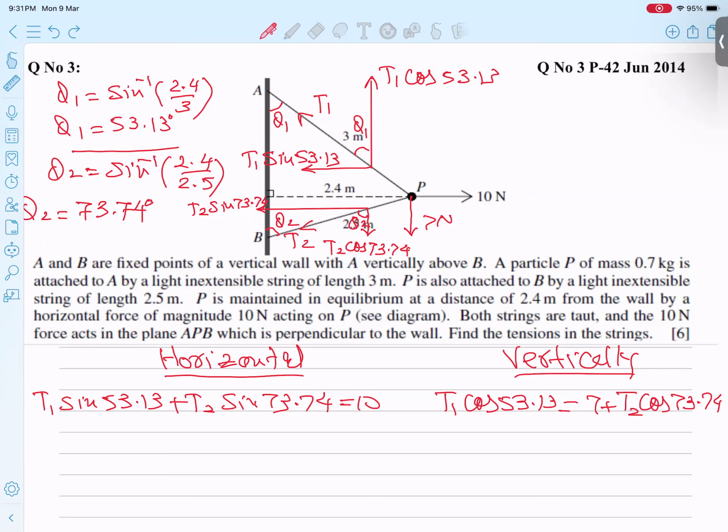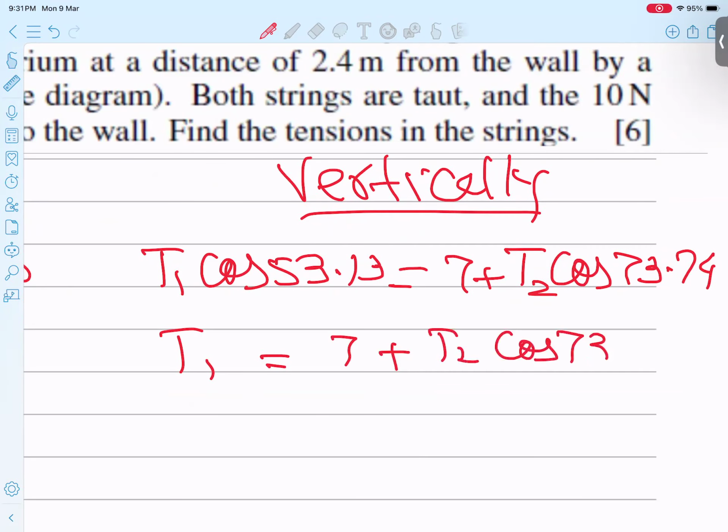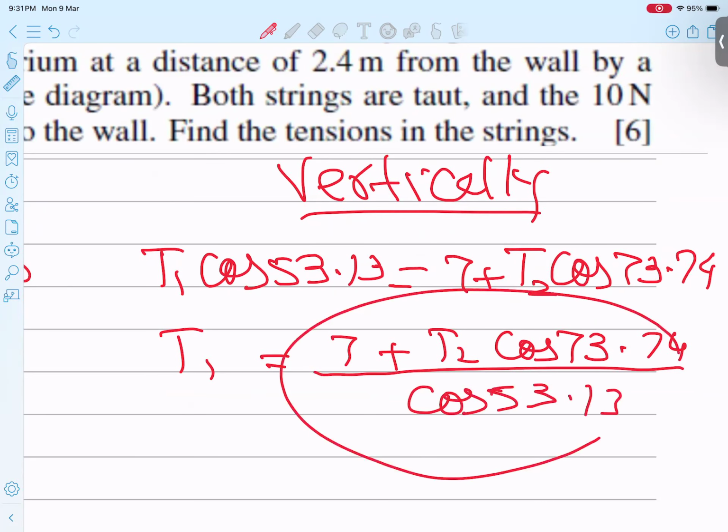What is the method? If I bring this down, I can make T1 the subject. So have a look: T1 is equal to 7 plus T2 cos 73.74 divided by cos 53.13. This is the T1 value.